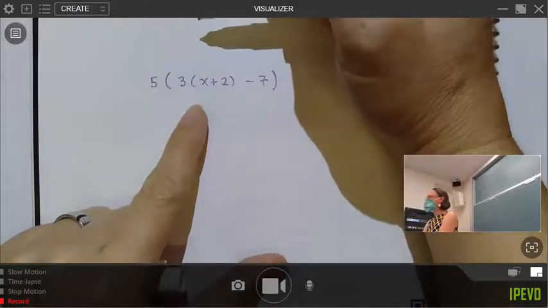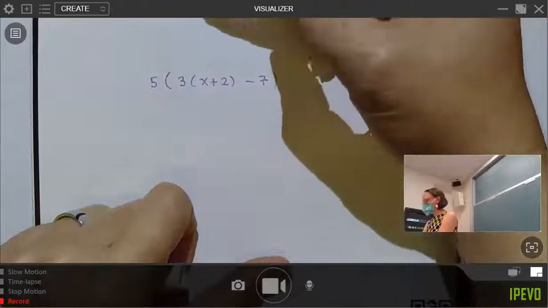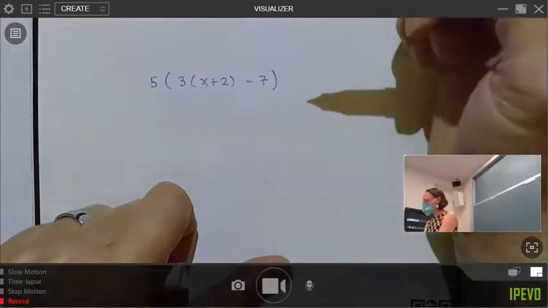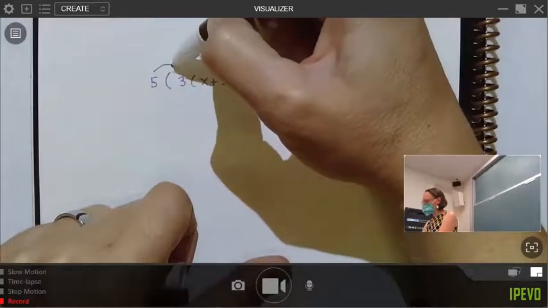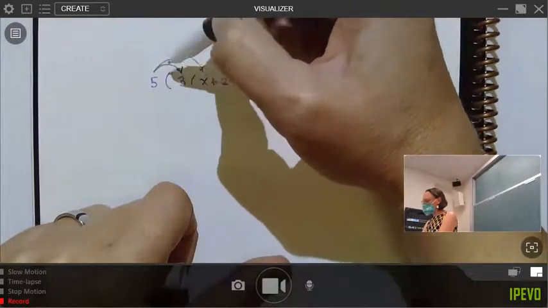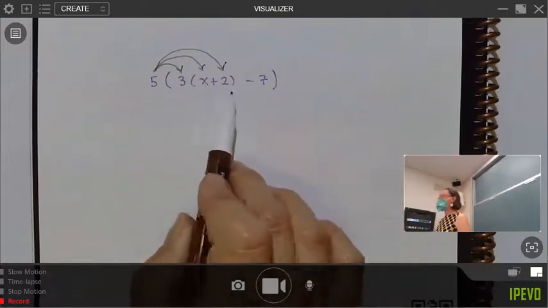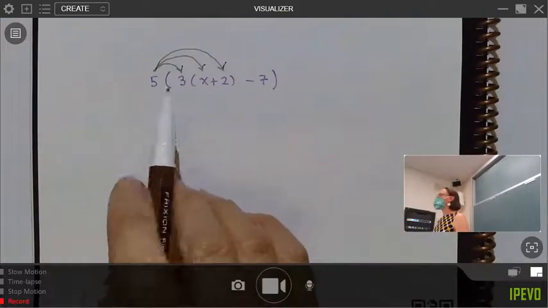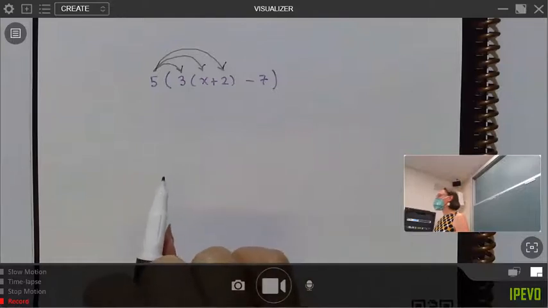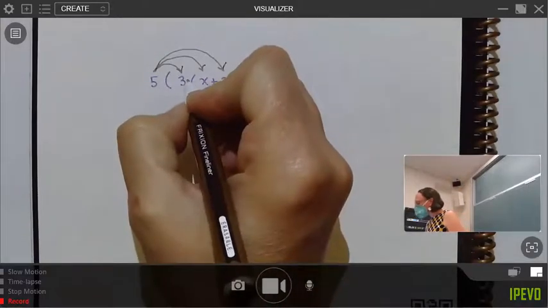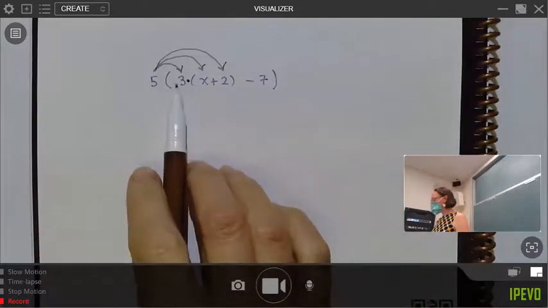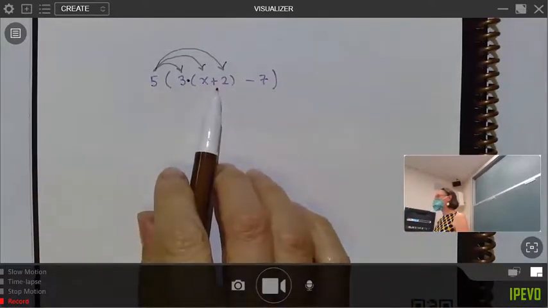The question that I get, or mistake that I see, is to think about distributing the 5 to the 3 and then also to the x and the 2. Now, numerically, if you distribute it to both the 3 and also the x and the 2, you're actually multiplying by 25, not by 5. Because there's already multiplication here between the 3 and what's in parentheses.